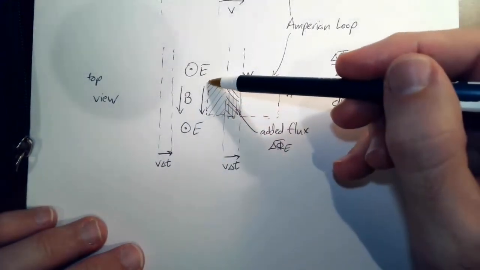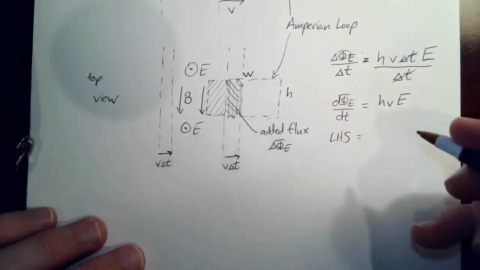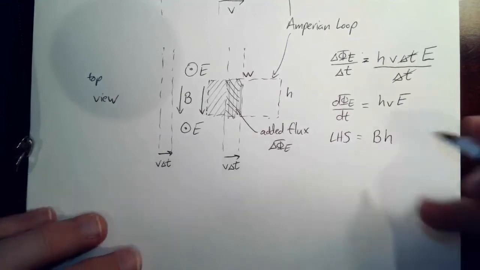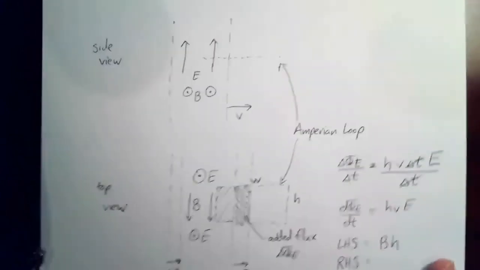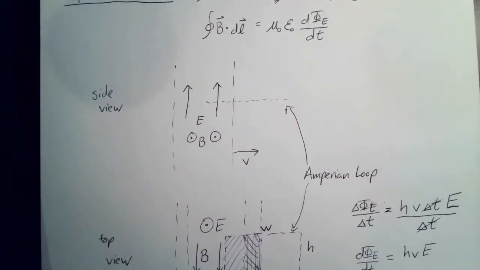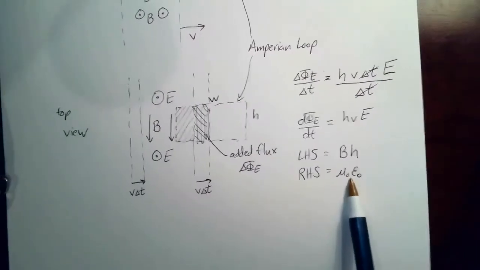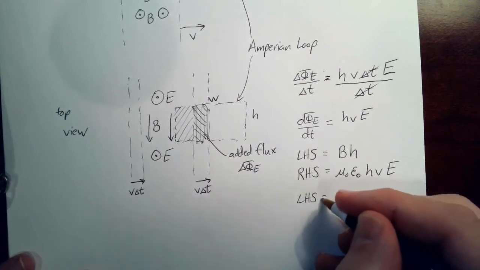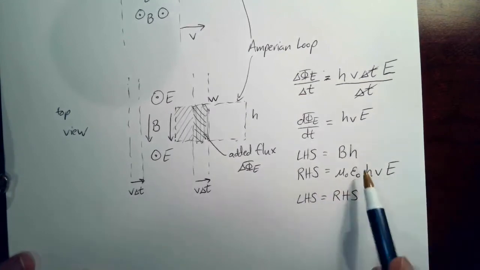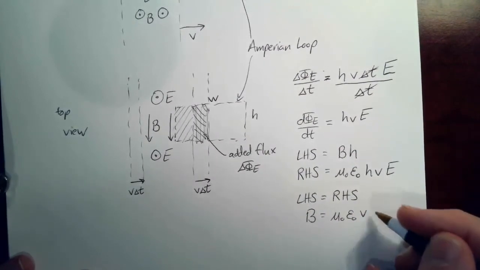The only contribution to the integral is B times H. So the left-hand side is going to equal B times H, whereas the right-hand side is mu naught epsilon naught times this rate of change, mu naught epsilon naught times HVE. All right, and so equating these, the H's cancel, and I get B equals mu naught epsilon naught VE.